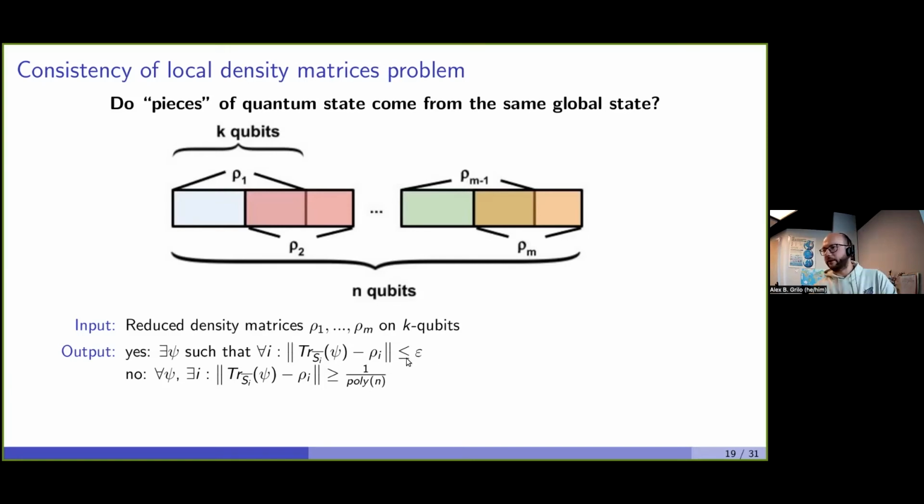We could even ask that they're exactly the same. The no instances, the case that we want to reject, are the inputs for which every quantum state has at least one local density matrix that does not match: there exists one local density matrix such that the trace of the global state on the corresponding qubits is far enough from your input.